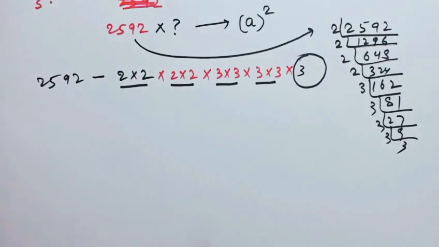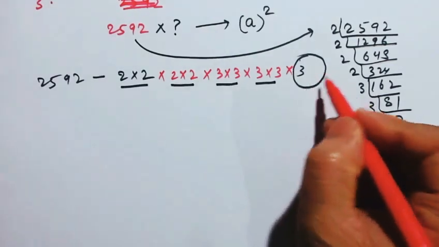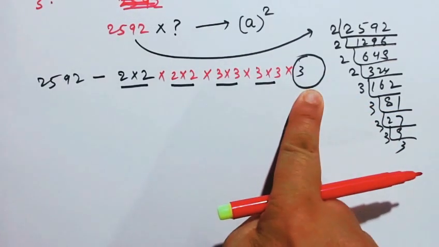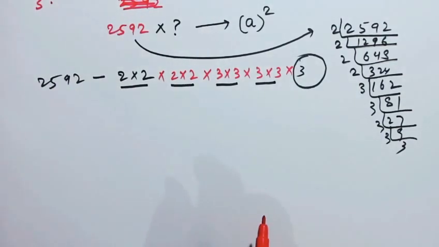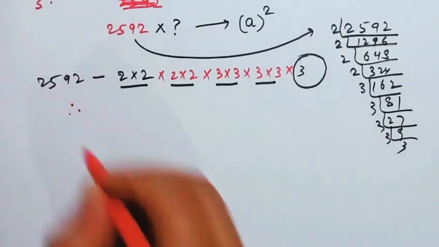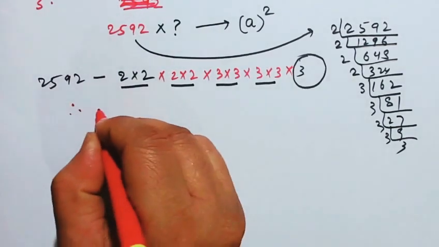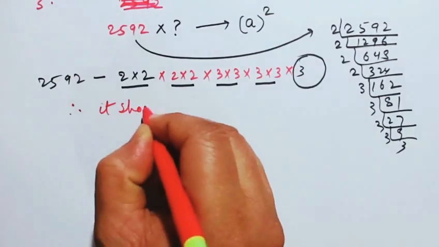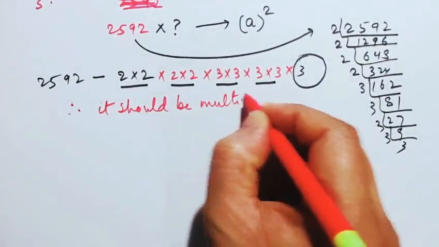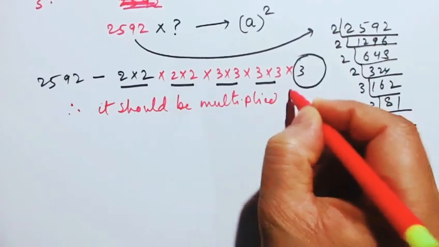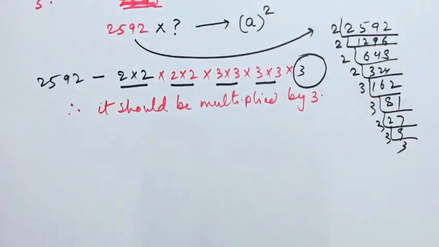This means if I had one more 3, then 2592 would have become a perfect square, isn't it? Therefore your answer is that it should be multiplied by 3 to convert it into a perfect square.